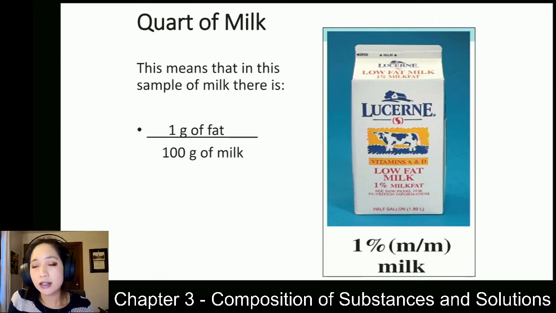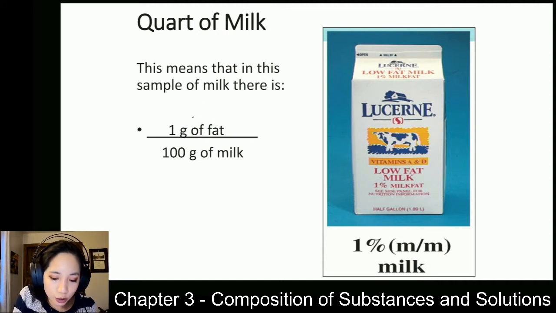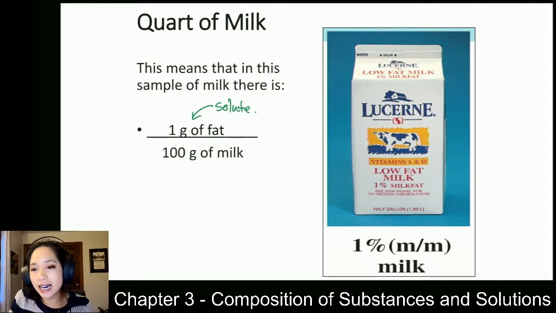That means 1 gram of fat is present in 100 grams of your milk sample. That one gram of fat is your solute, and then there are 99 grams of other things like water, proteins, casein.